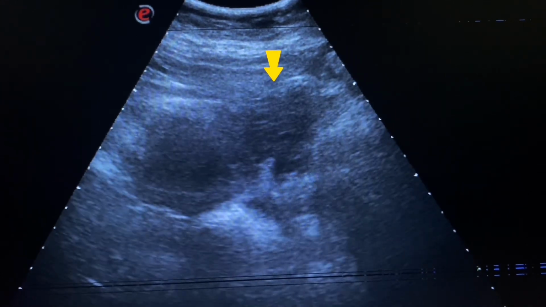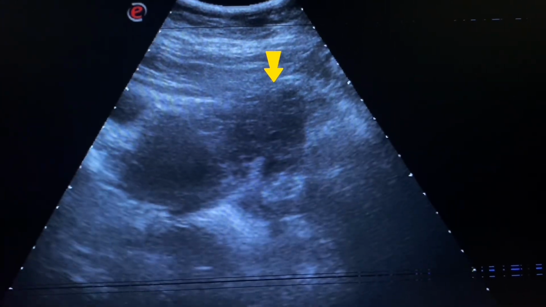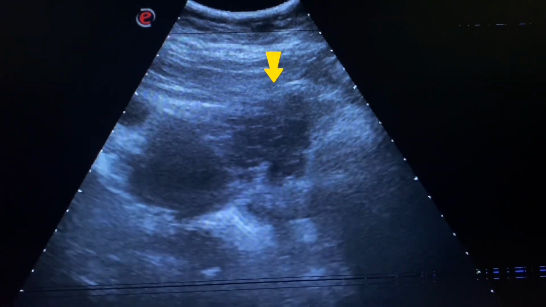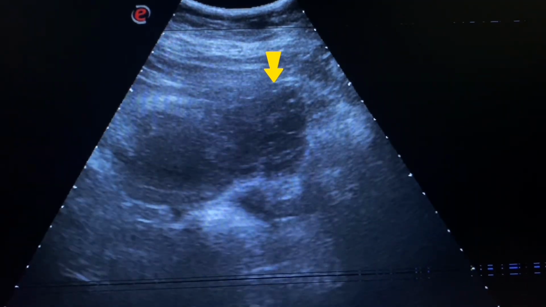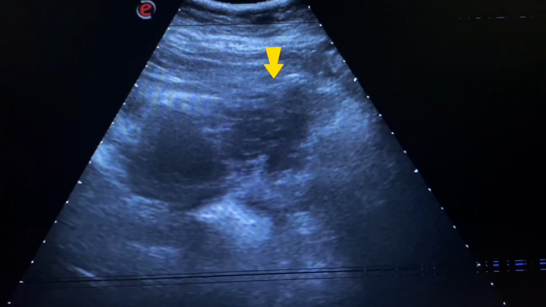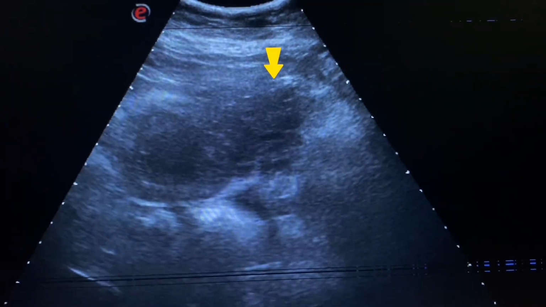Here we see the left ovary, which is also normal in size and no mass or lesion present. The ovary is poorly visualized due to gases.